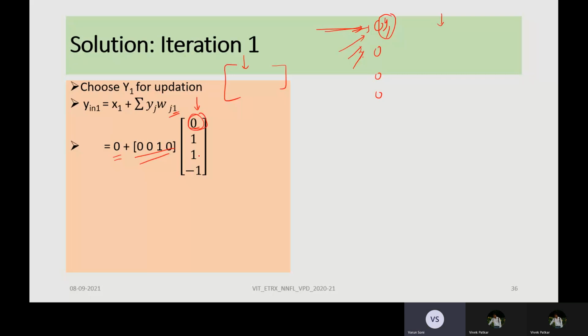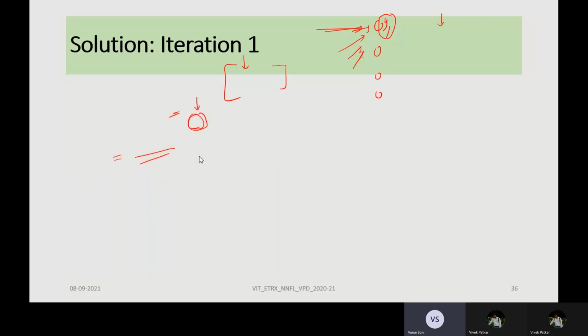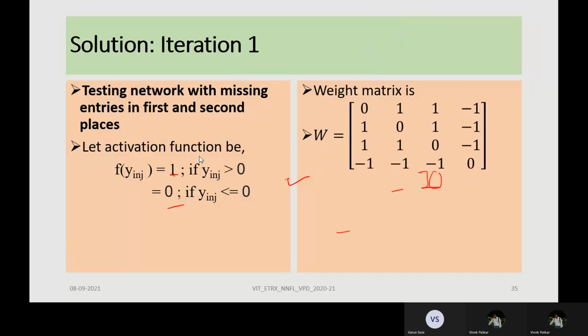यू गॉट दिस वेट मैट्रिक्स, करेक्ट? Yes, sir. ये वेट मैट्रिक्स ऐसा है कि तुम्हारा 4 न्यूरॉन्स है. हर एक को एक इनपुट आया है फ्रॉम आउटसाइड जो हम लोग का पैटर्न है x1 x2 x3 x4. क्लियर?